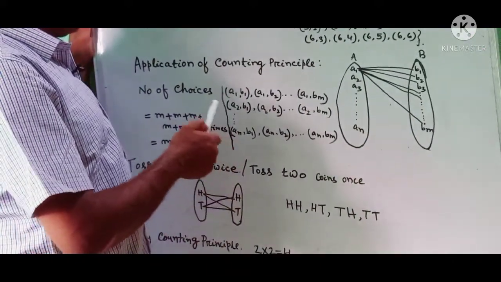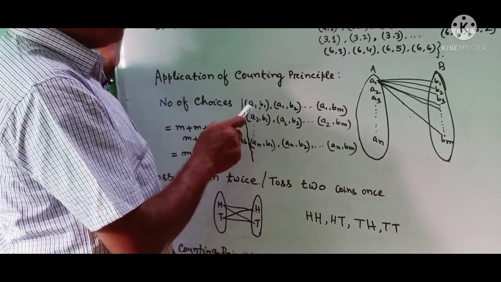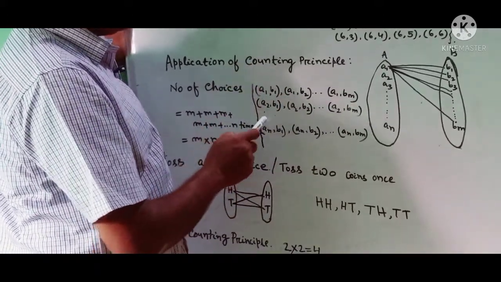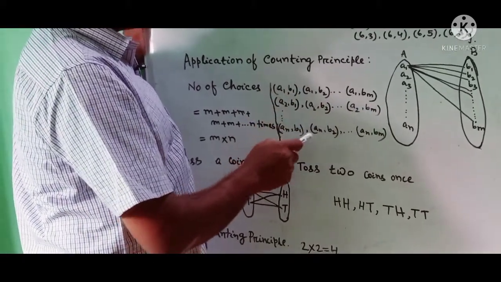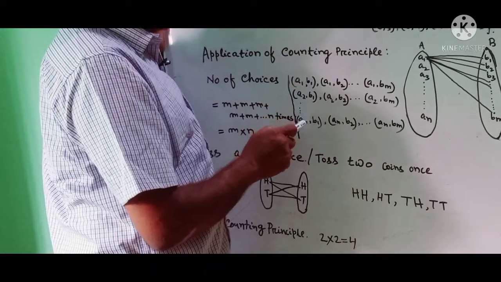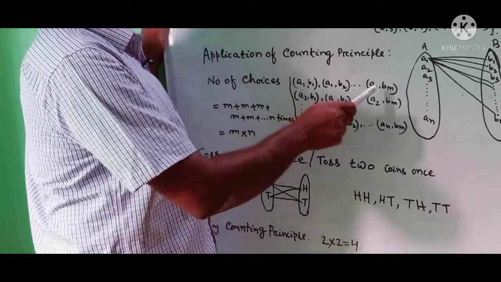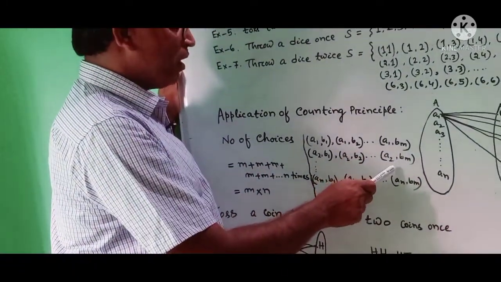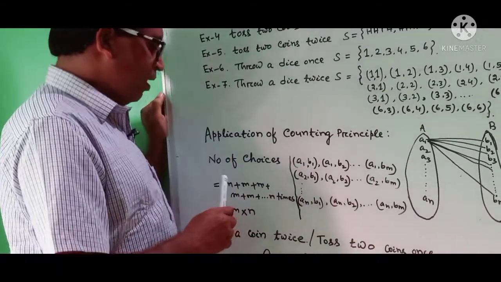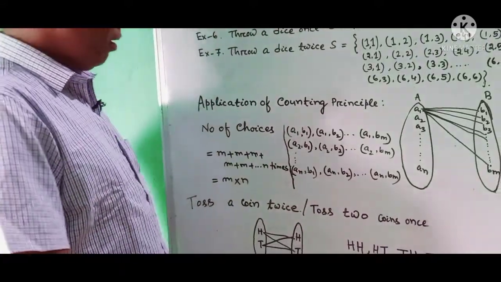So how many choices will be available? Here M choices in each row, and the total number of rows is n. So the total will be M plus M plus M up to n times, which is equal to M into n. This is the counting principle.